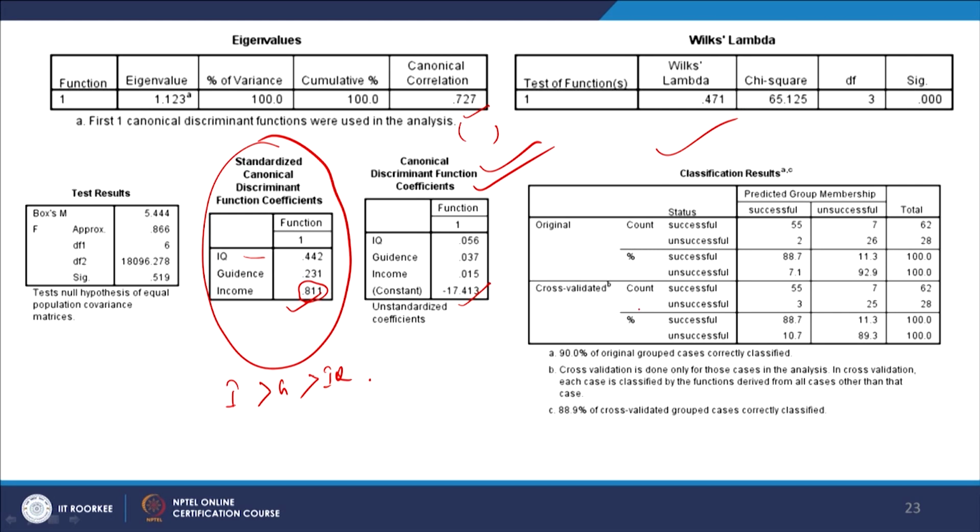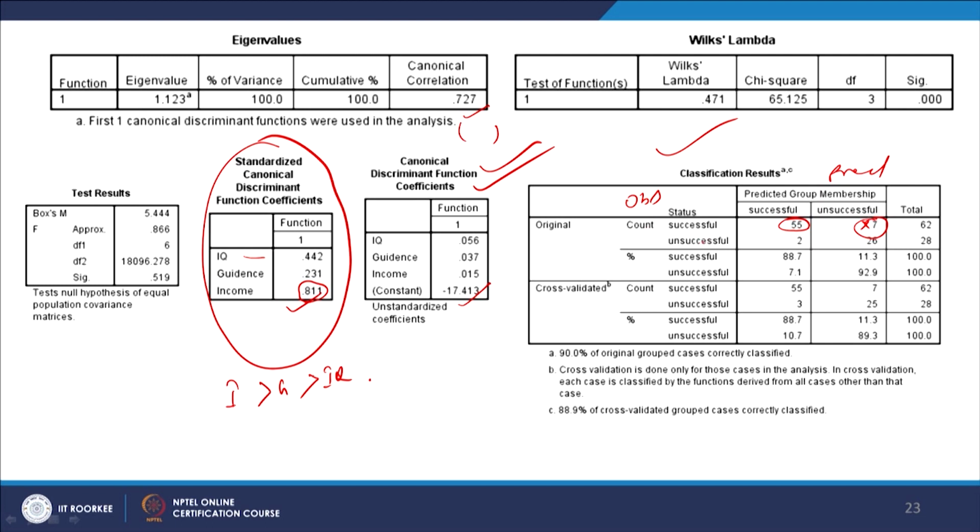You see 55 cases which were originally observed as successful, and they were also predicted as successful. Seven people who were observed to be successful were predicted to be unsuccessful, so this is an error.